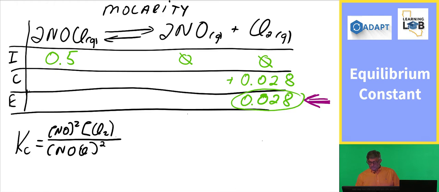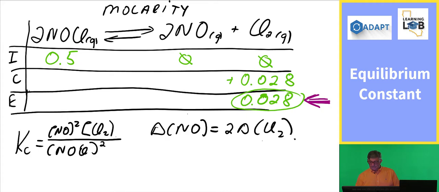So the bottom row is essentially the tally of the top two rows. So that gives us the change of Cl2. What we'd like to identify is the change associated to the nitrogen monoxide. Based on the balanced chemical reaction, the concentration of NO equals twice the concentration of the Cl2.